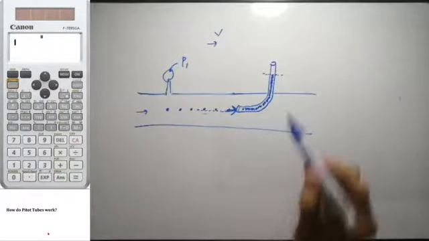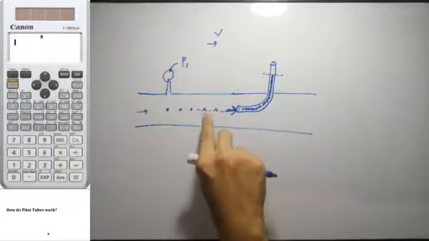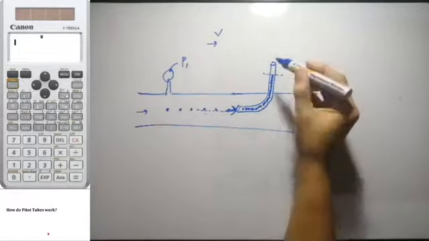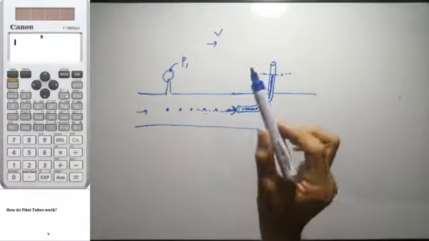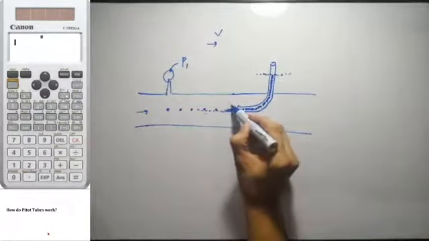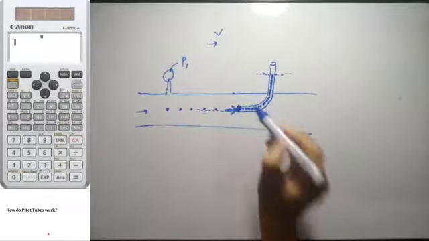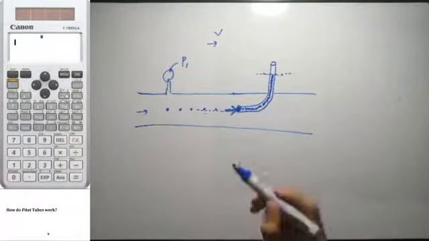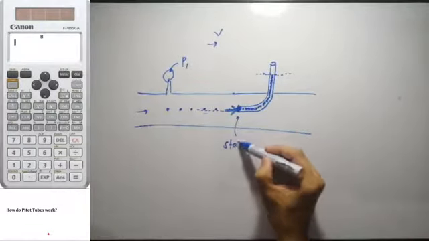Kasi syempre, kung walang tubig na tutulak dito sa isang opening, babagsakin pabalik. So, ibig sabihin, for the fluid to be in this level, para manatili siyang ganyang kataas, mayroong tubig na tumutulak sa kanya dito. At yung tubig na tumutulak sa kanya dyan sa point na yan, yun yung tinatawag natin na stagnation point.